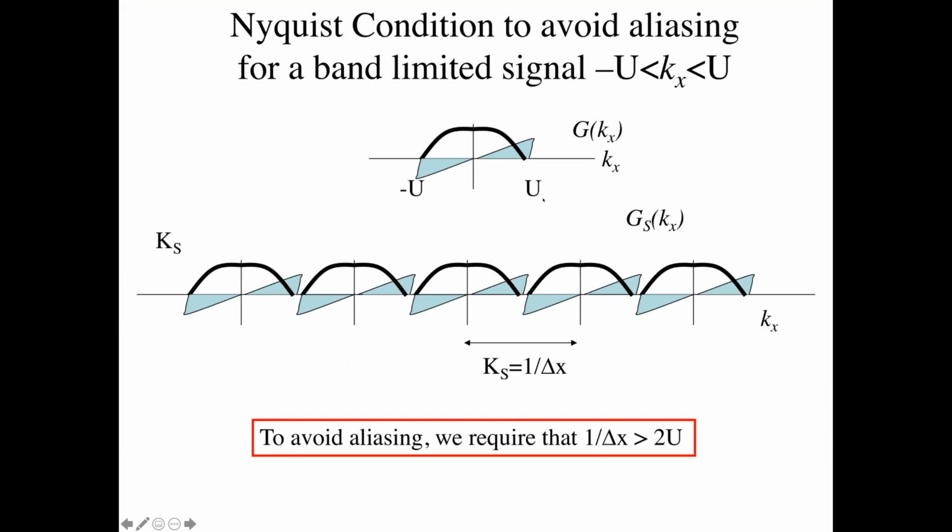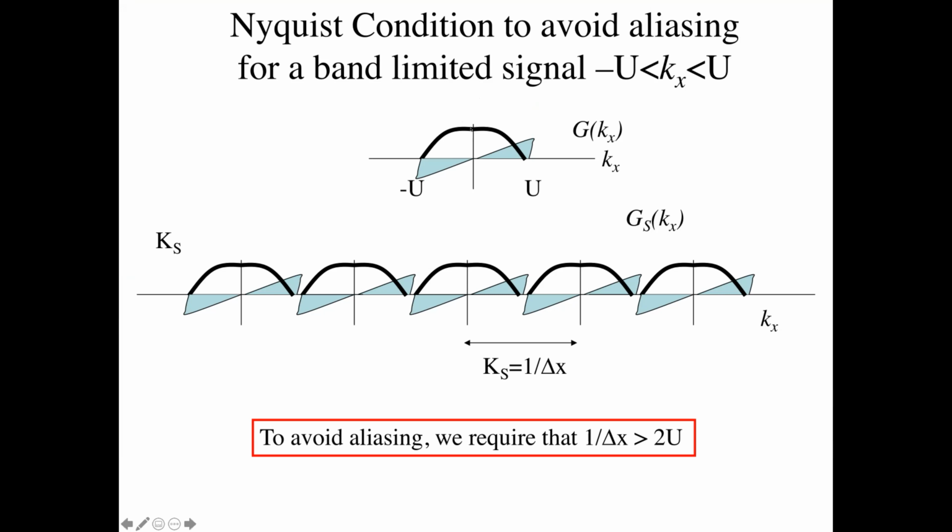If we know ahead of time what the Fourier transform is of our continuous function, that is, we know the bandwidth of our function, we know what spatial frequencies are required to make this function. If it is limited, if it rolls off and we don't need an infinite number of frequencies, if it rolls off at some point u, at some point minus u, then we can sample that function such that we can make an absolute copy of the original function just from the samples.